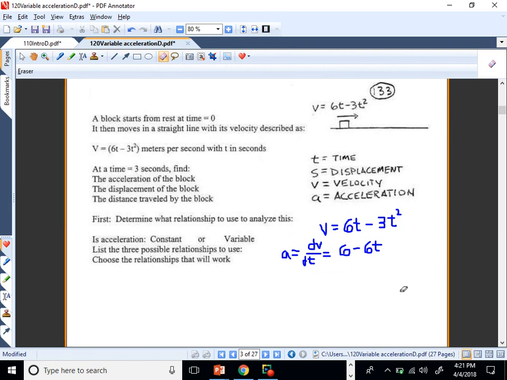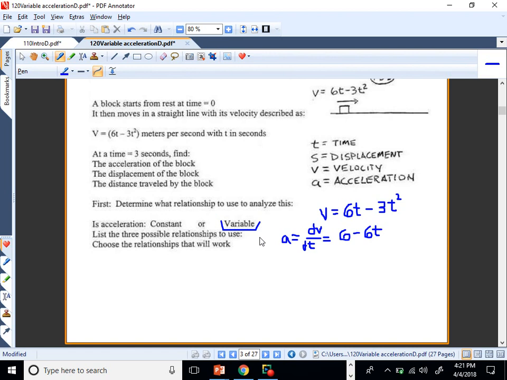So based on that, do we have constant or variable acceleration? Yeah, it's variable, right? So that's the first thing I want to identify. I want to get that figured out because that will tell me what my choices are for equations that I could throw at this thing.